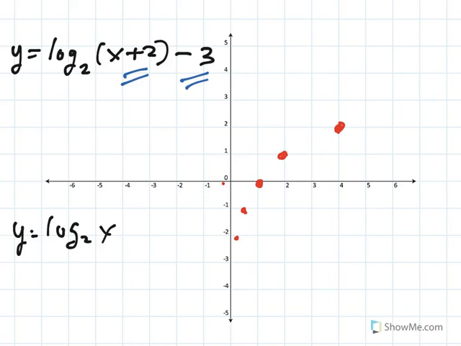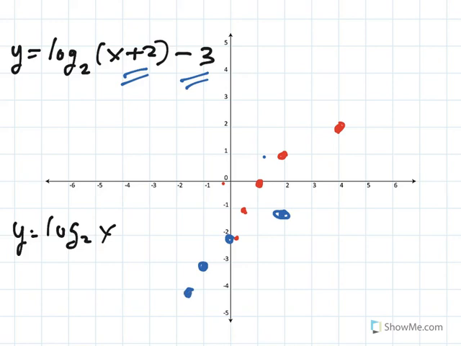So from this 4, 2 point, I'd go 2 units to the left and 1, 2, 3 down. From the 2, 1 point, I'd go 2 units to the left and 1, 2, 3 down. From this 1, 0 point, I'd go 2 to the left and 1, 2, 3 down. Even this point at half, -1, I would go 2 to the left and 3 down.